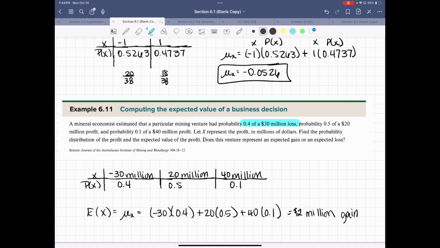And remember, this was in millions. That's why we're saying $2 million. Since it was positive, that means it's a gain. So if you've got that much money to throw around and possibly lose $30 million, you might as well buy into that venture, because you're expected to come out with a $2 million gain in the end.